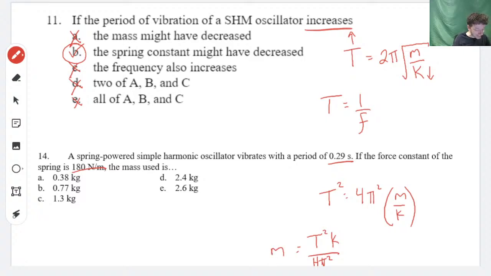If you plug that into your calculator, you get 0.38, or rounded to 0.38 kilograms. An easy question. Anyone have any questions with those two?